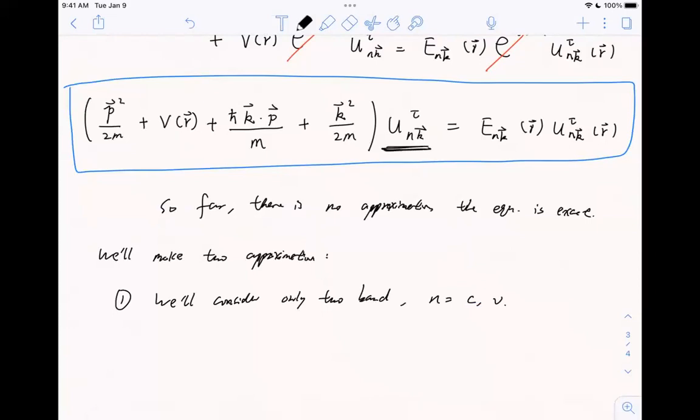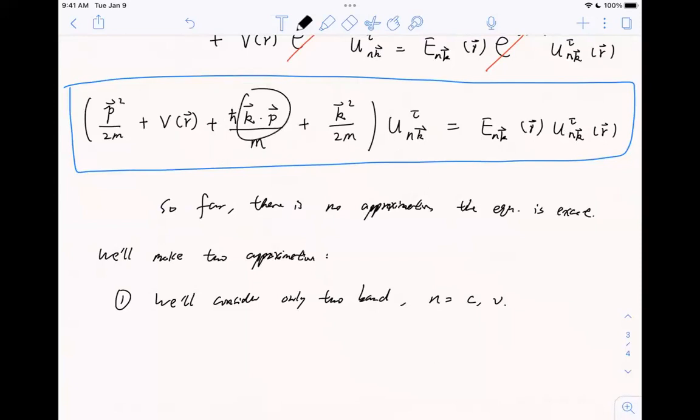This is actually a set of equations. It's a set of equations because you have an N index here. That means you go through all the different bands. And this part is going to mix the bands with different N.